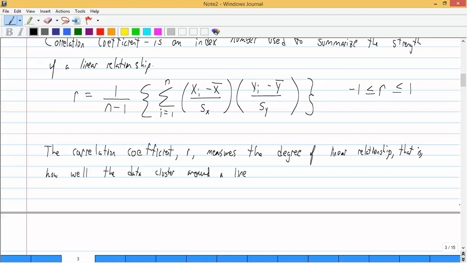If it's a value near -1 or +1, it means the data are tightly bundled around a line.